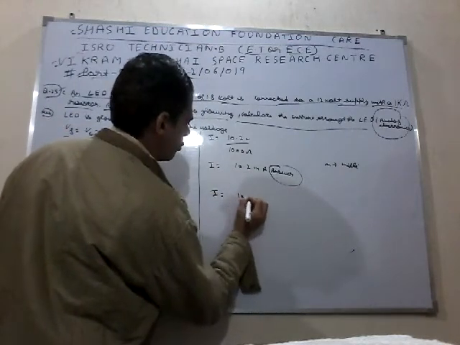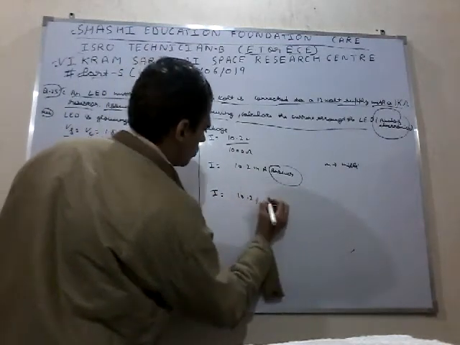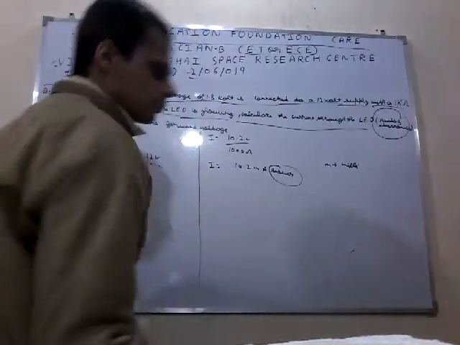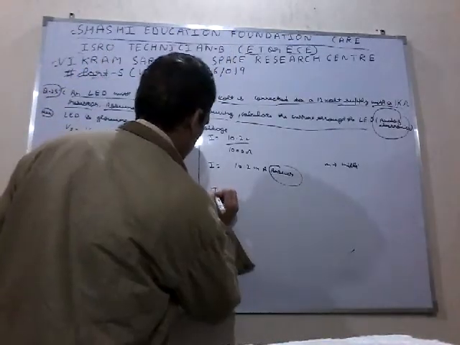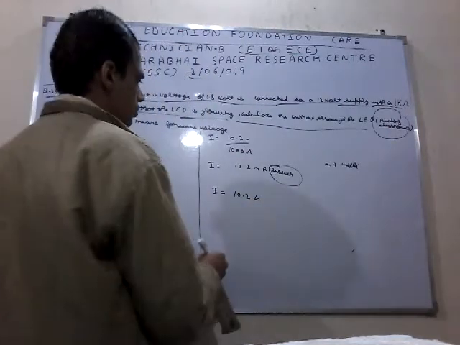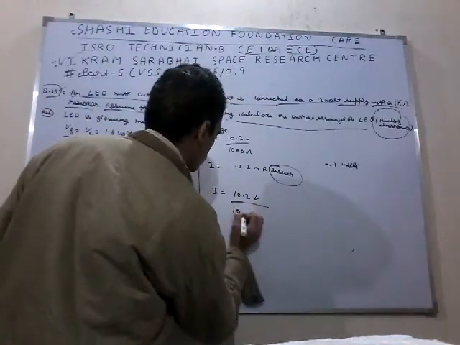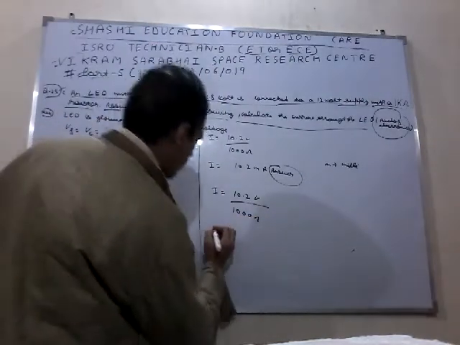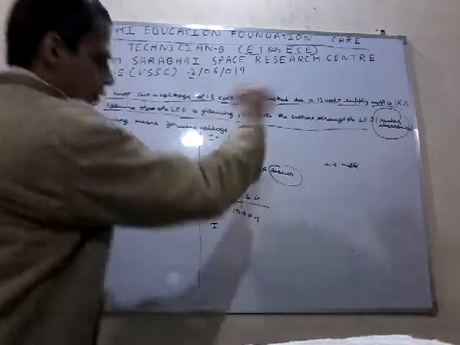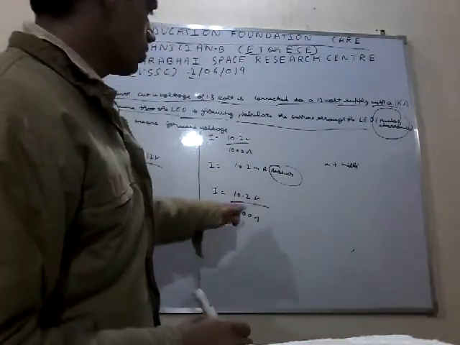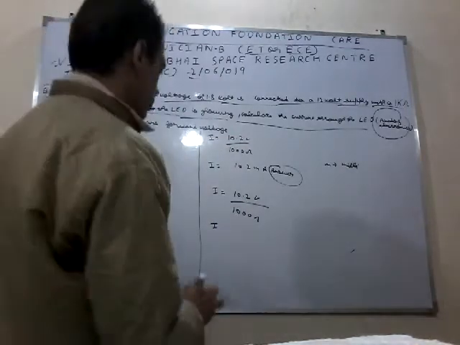I equals 10.2 volt upon 1000 ohm. Wait a minute, I have to rub it and show it clearly. I equals 10.2 volt upon 1000 ohm. 1 kilo ohm is to say that instead of division, we take 1000 as a multiplication.